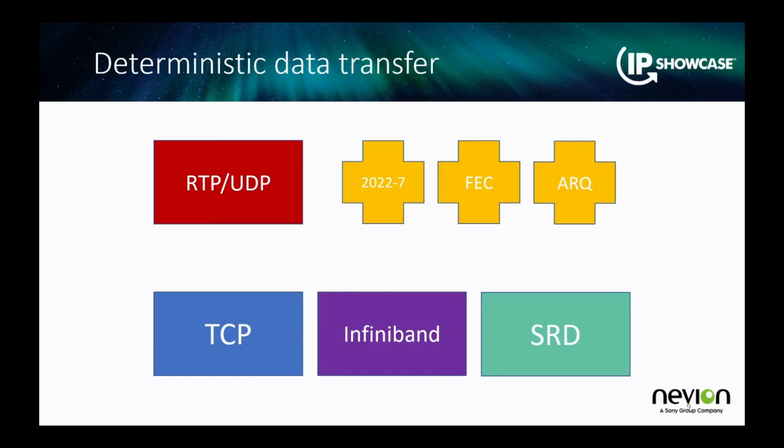We have effectively sending extra packets to allow us to heal missing packets at the far end, which is what FEC is. And we have ARQ, which is effectively a transmission re-request function. It's kind of the opposite polarity to what we do with TCP, in as much as there's not a handshake on every packet. There is a, I put my hand up to say I haven't got a packet.